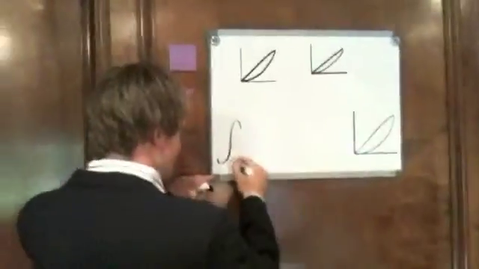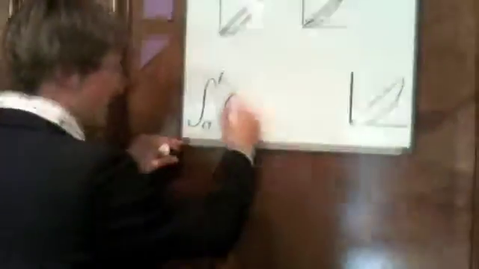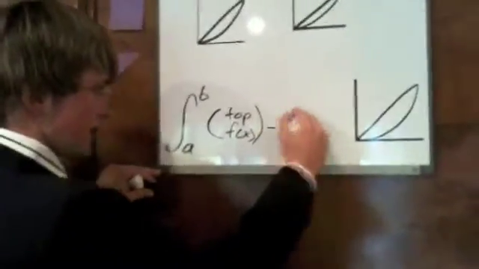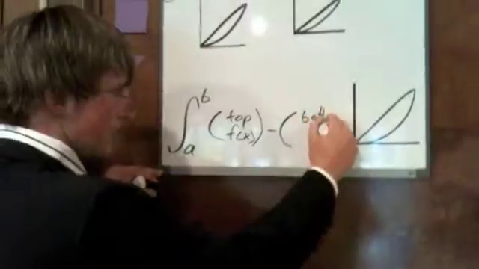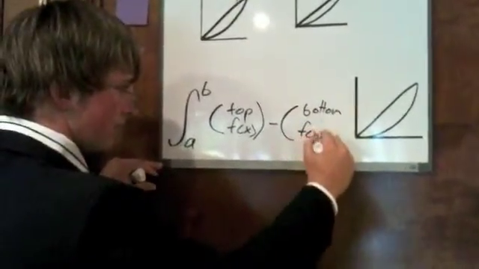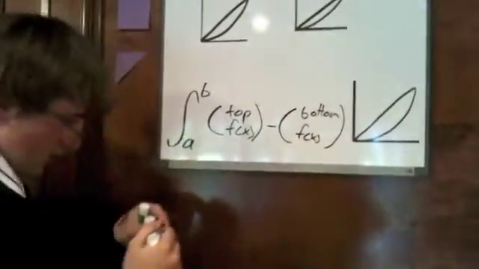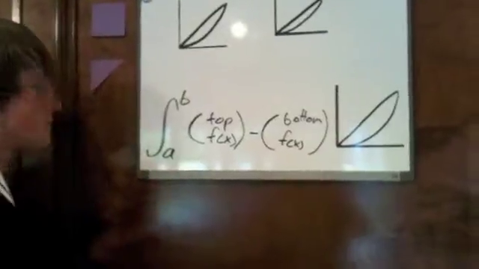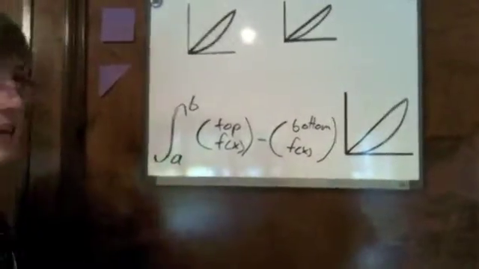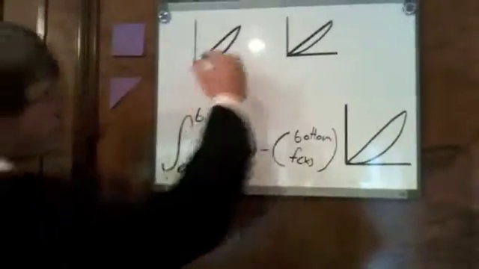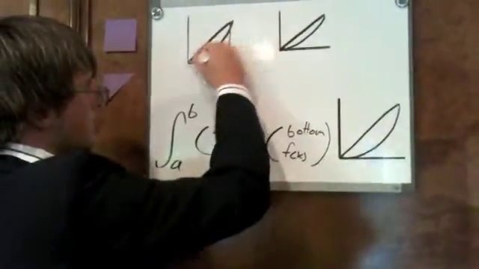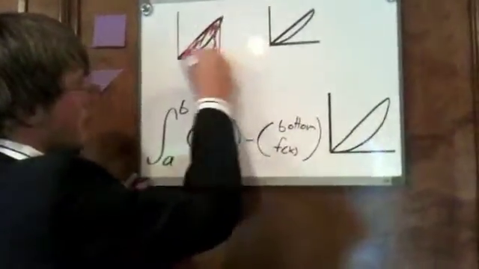The formula is the integral from a to b of the top function minus the bottom function. The reason this formula works is that the area underneath the top function will look similar to this triangle right here.